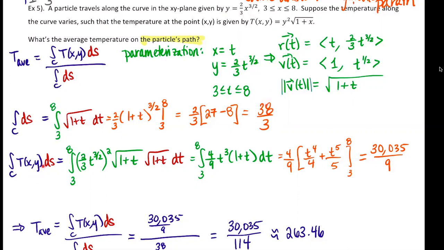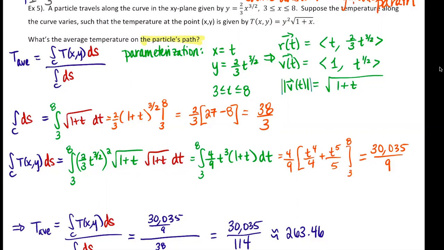And then secondly, I'm going to now integrate the temperature. So I need to change the temperature in terms of t. So here's temperature. I need to rewrite y squared, so that's what I'm doing here. There's y squared, and then times the square root of 1 plus x, right there. And then here again is my speed dt, which is another way of writing my ds.